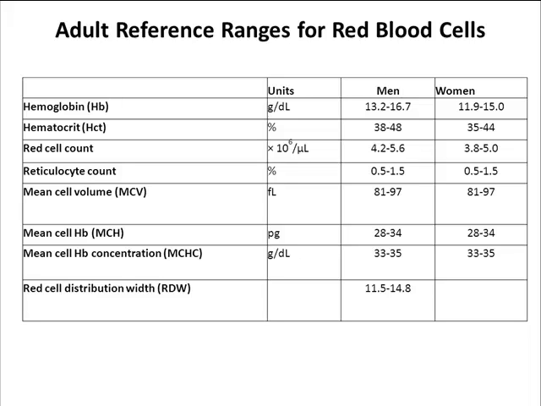This table lists the average value of both men and women, and these are the different indices that we just talked about, and some other indices here. So when you get a red blood cell sample sent to the lab, this is usually what comes back, and if it's abnormal, it gets tagged, and this will help point to a particular cause of a disease.